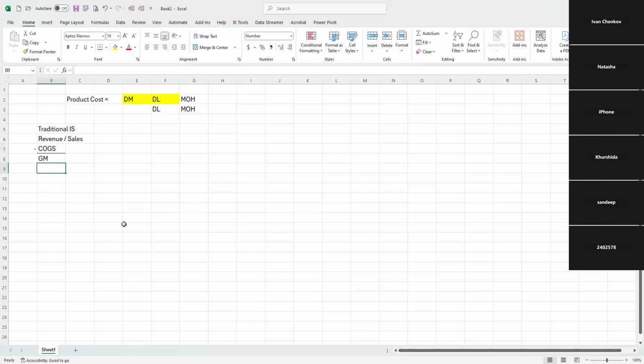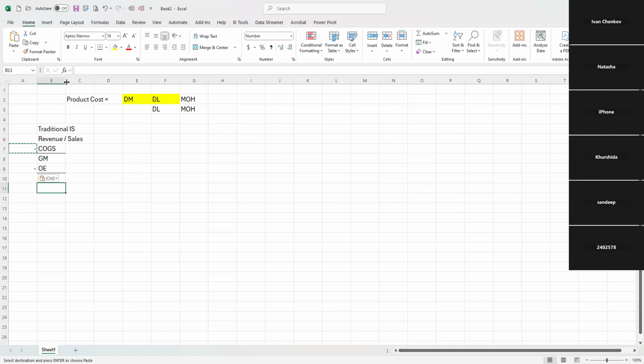Then we have the operating expenses, and then there's another calculation to calculate the operating income. Correct? So gross margin minus the operating expenses gives us operating income. And we're done with this.